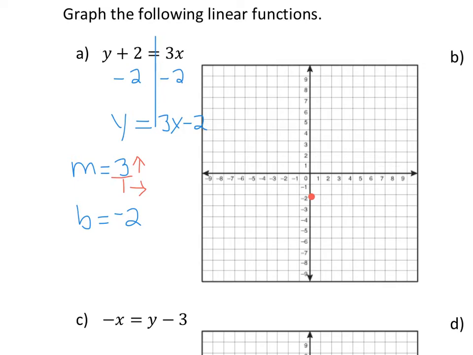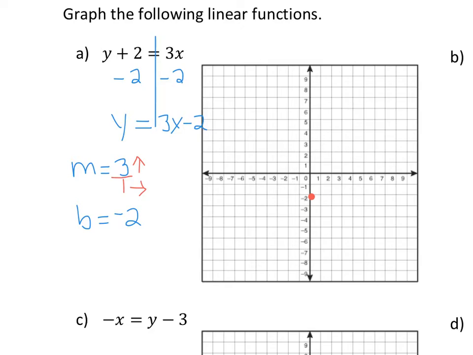So for example, 3 is positive. When you start down here at your begin point, your -2, and you want to go towards the positive numbers, you need to go up. Similarly, with our denominator being 1, we want to go towards the positive numbers, which are to the right. So here's what we need to do.